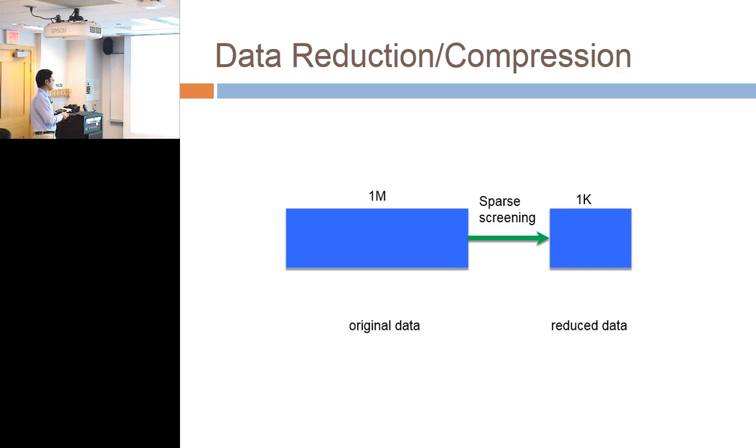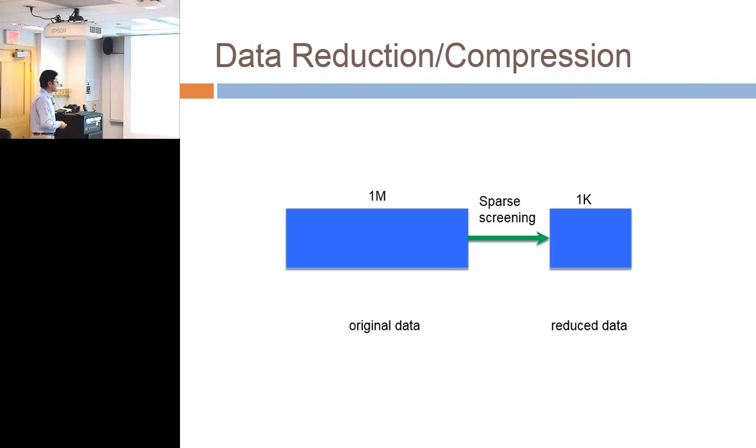Okay, so now let's go to today's topic, our work on sparse screening. Let's see, we have original data, which may have 1 million variables. Based on the sparsity assumption, we know that a very large portion of the features has nothing to do with the outcome.